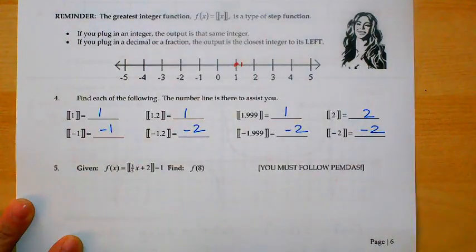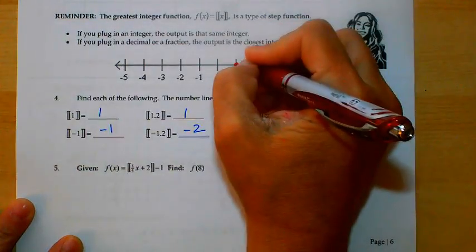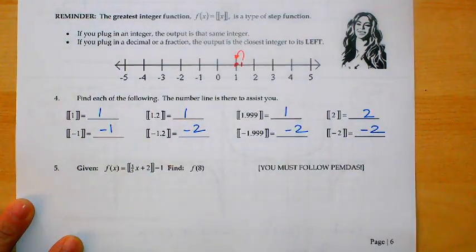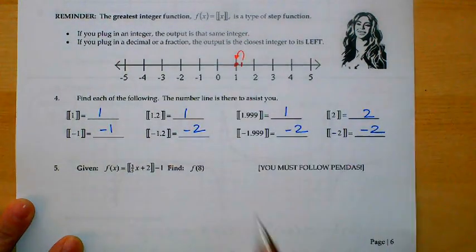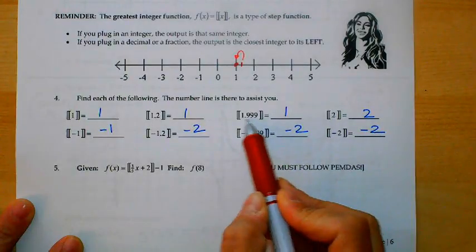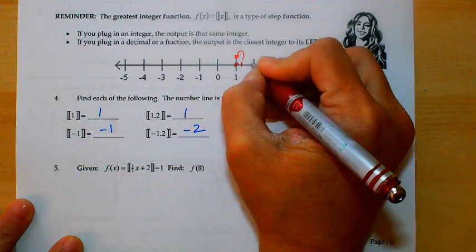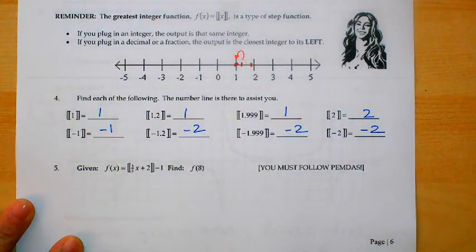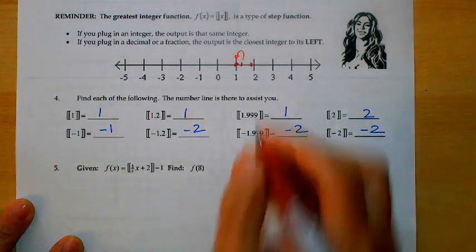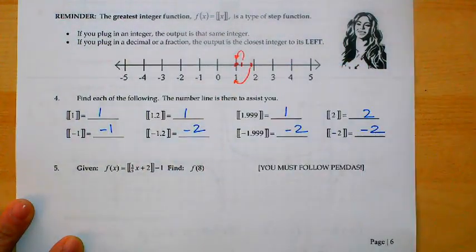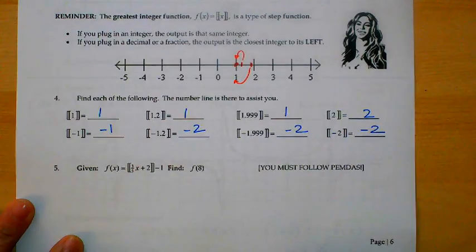Beyonce walks this to the left, and the very first integer that we come upon is a 1. When we try 1.999, that would be right up against the 2 there, but not quite. And it's not a rounding function, it's a to-the-left function, and that would push that back left to a value of 1 as the output.